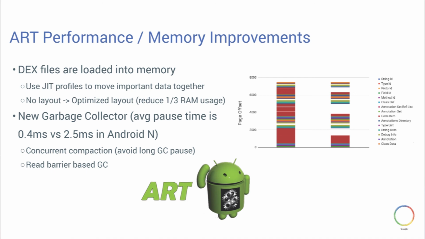And in terms of garbage collector, we also have a new garbage collector in O. And this new garbage collector has an average pause time that is now 0.4 milliseconds compared to 2.5 milliseconds back in Android N. So our framework team works very hard to keep improving our runtime, and we hope you can also improve your application together with us.